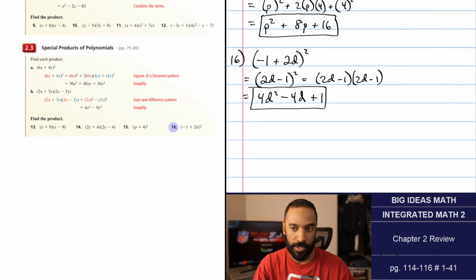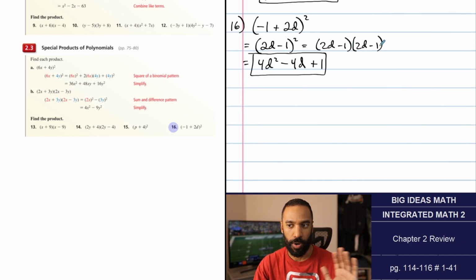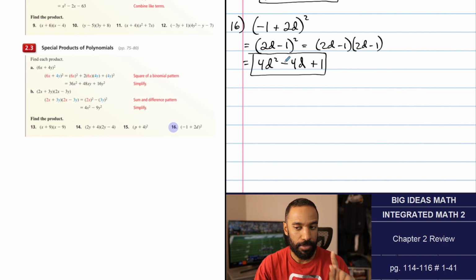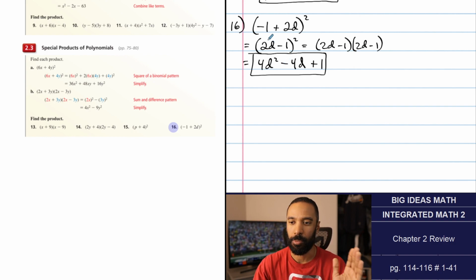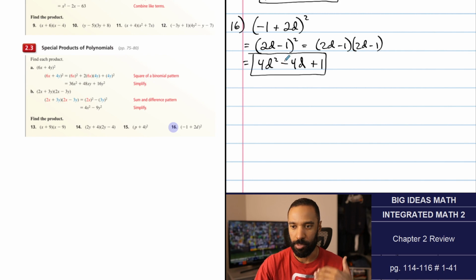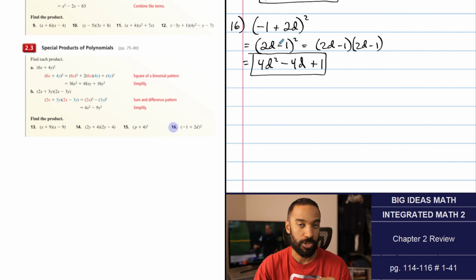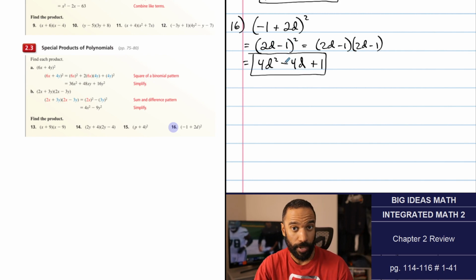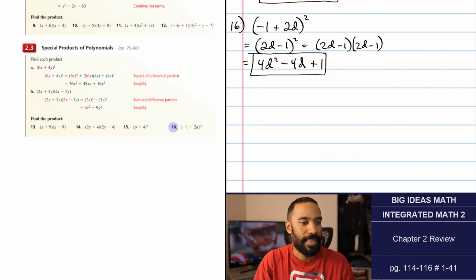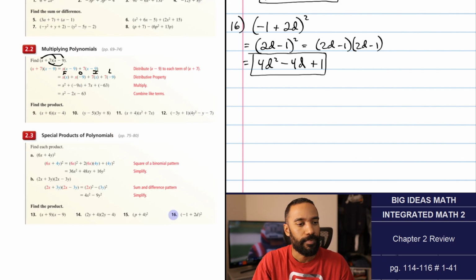So the last term is always added. That's why I said it doesn't matter whether you square positive or -1. But notice how this term got subtracted. I doubled the product of 2d and -1, or I'm subtracting the product of 2d and 1 when there's a minus there. So there will be one term that will be negative. And that is section 2.3.